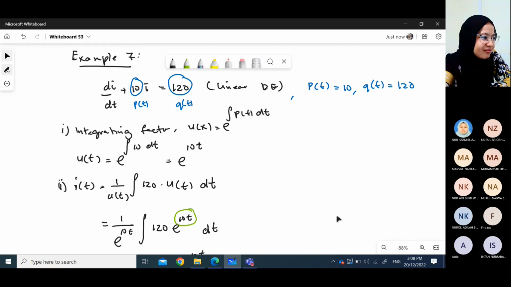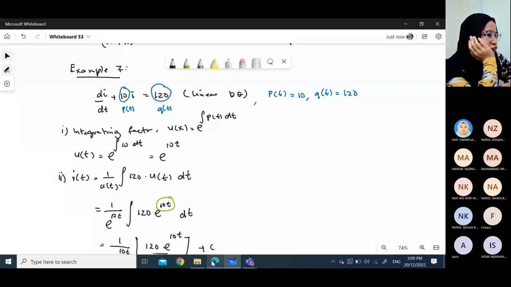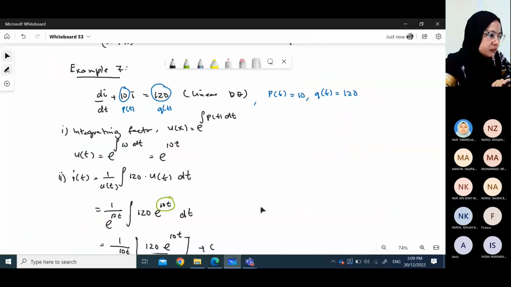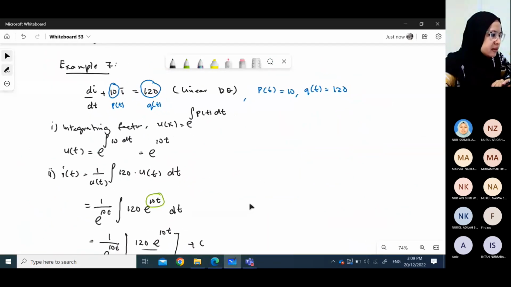We need to look back at our question. The switch K is closed at t equal to 0, R over L, then 120 volt. Okay, look at the top.